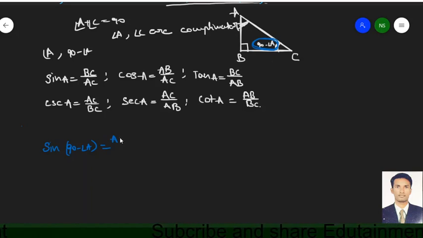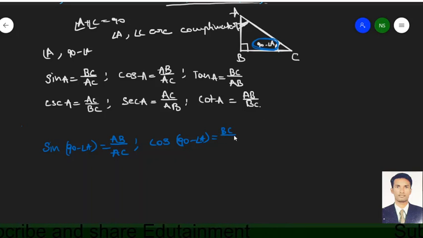Next, cos 90 minus A is adjacent by hypotenuse, which is BC by AC. Next, tan 90 minus A is opposite by adjacent. Opposite is AB, adjacent is BC, so we write AB by BC.